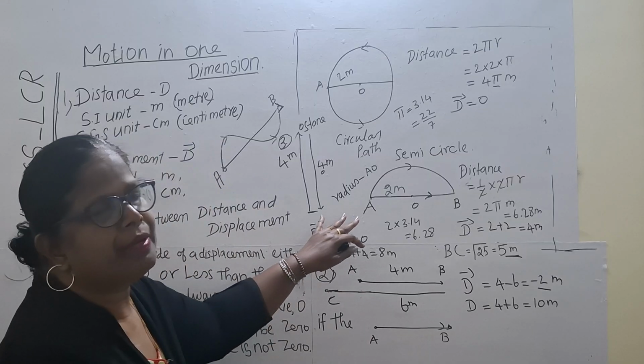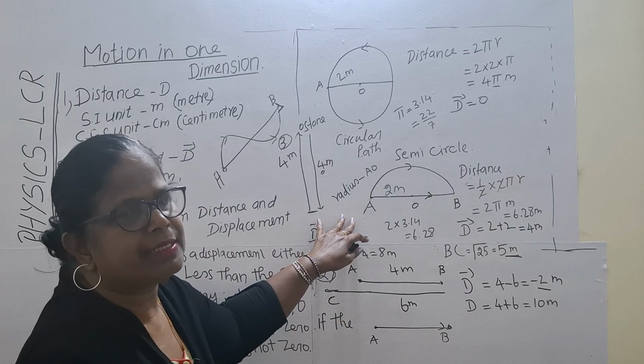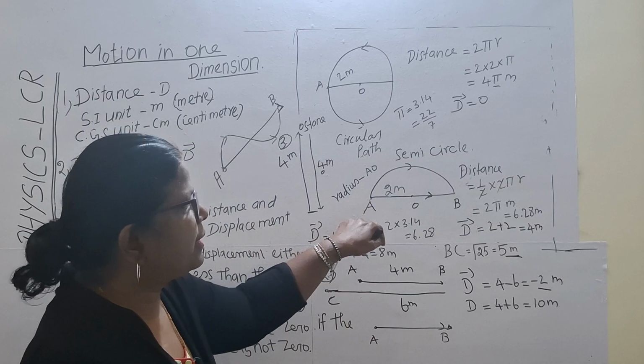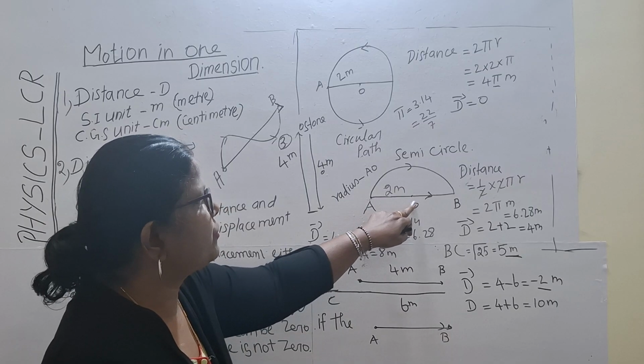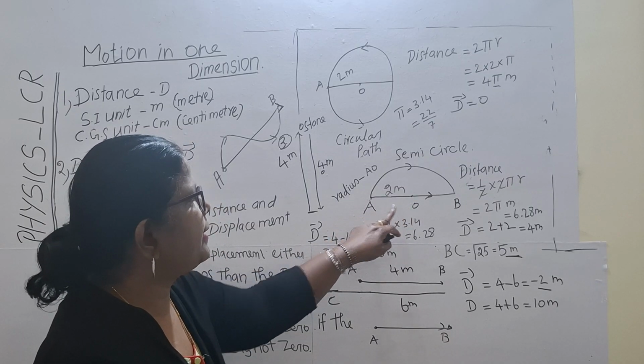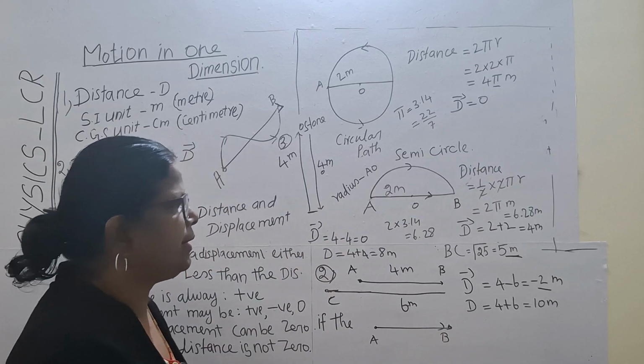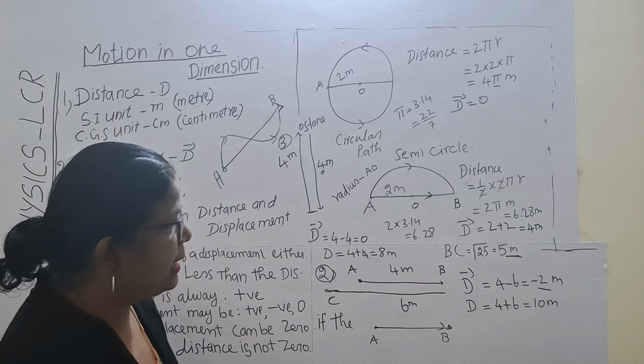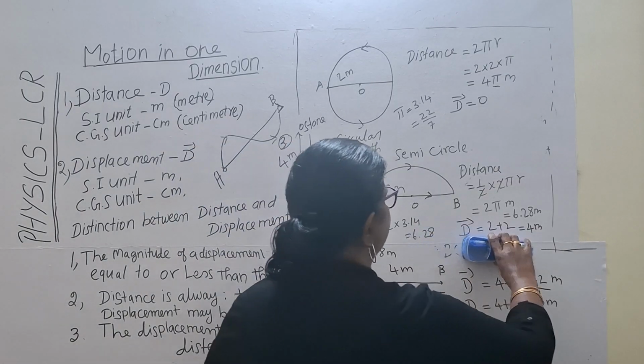So you people already studied what is radius and what is diameter. In the circle, this half portion AO is a radius, AB is a diameter.